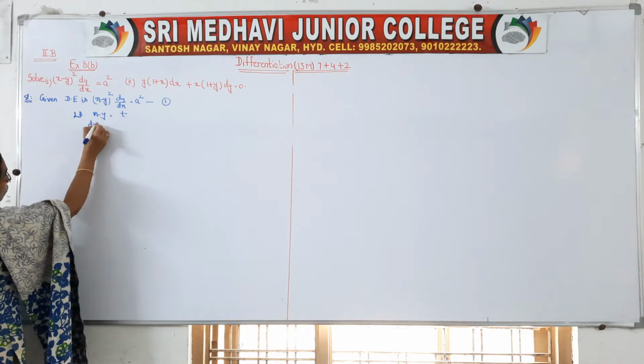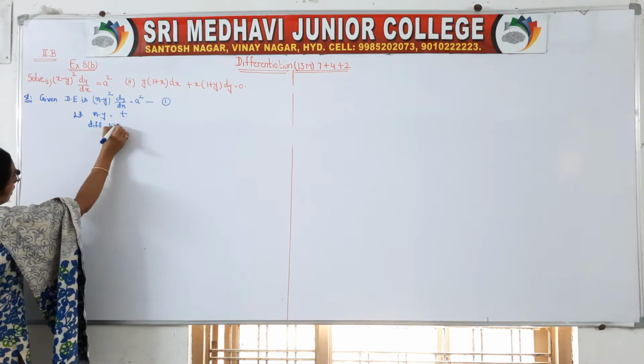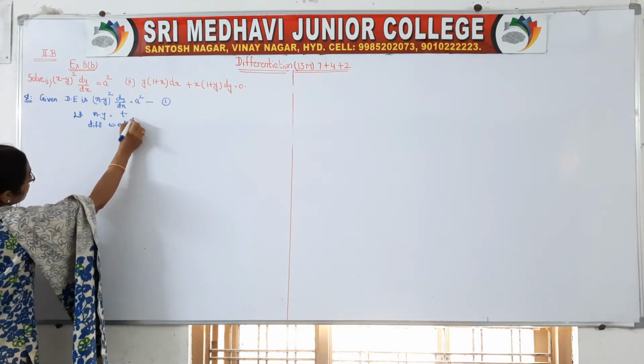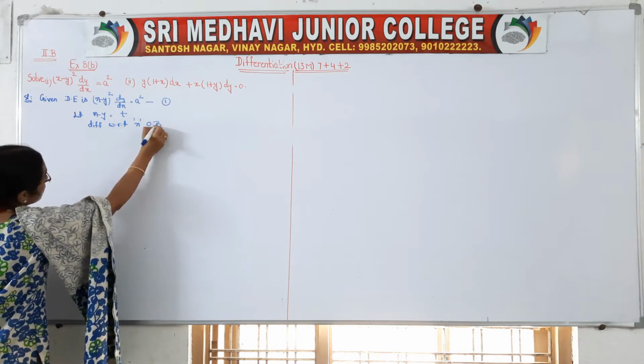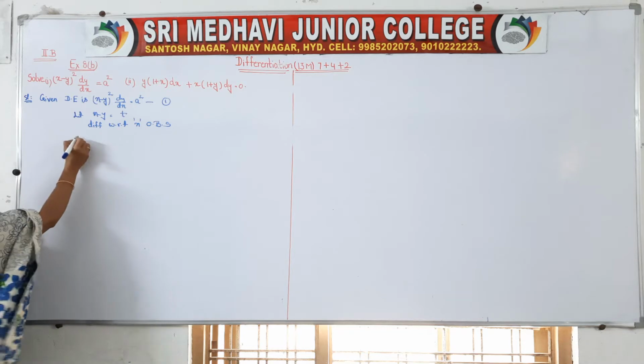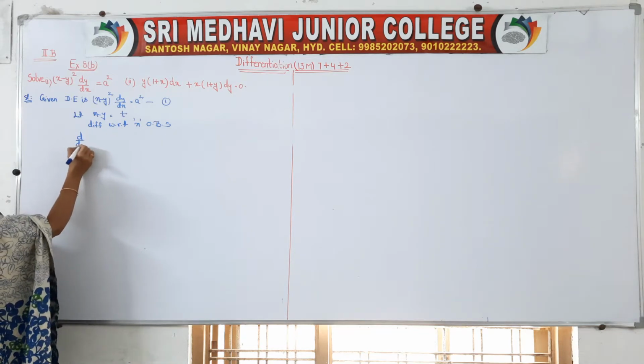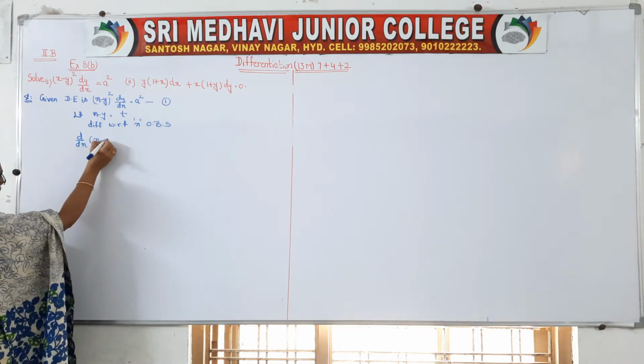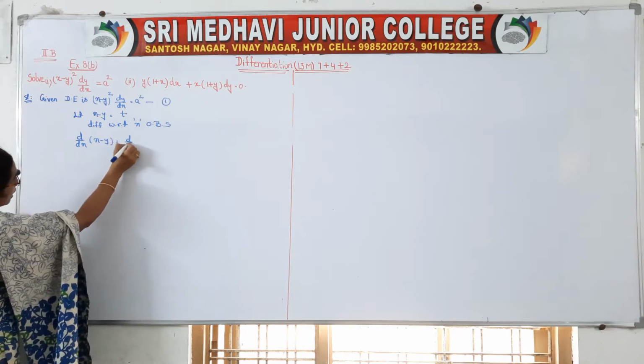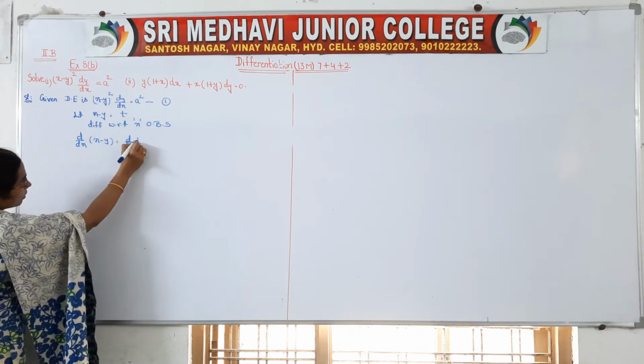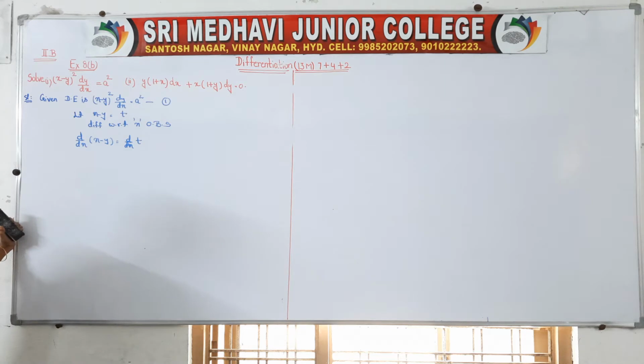After that, we differentiate with respect to x on both sides. So d by dx of (x minus y) is equal to d by dx of t. Whenever there is plus or minus, we have to take separate derivatives.